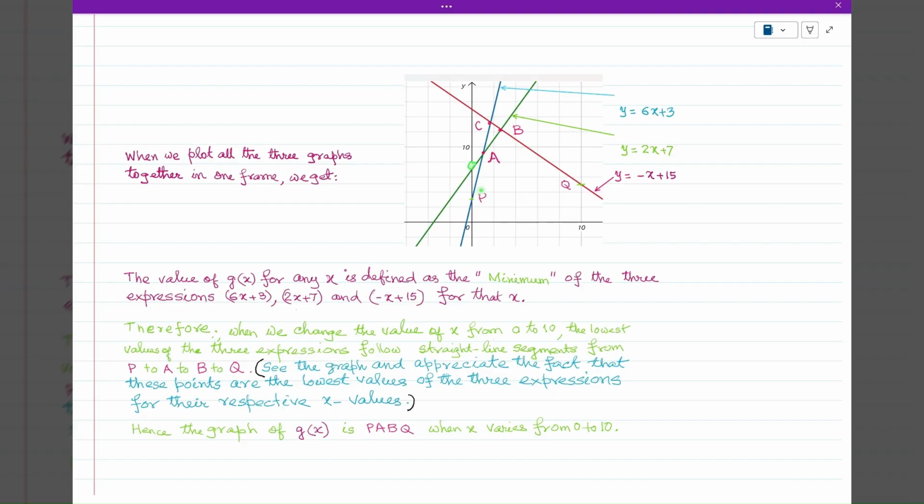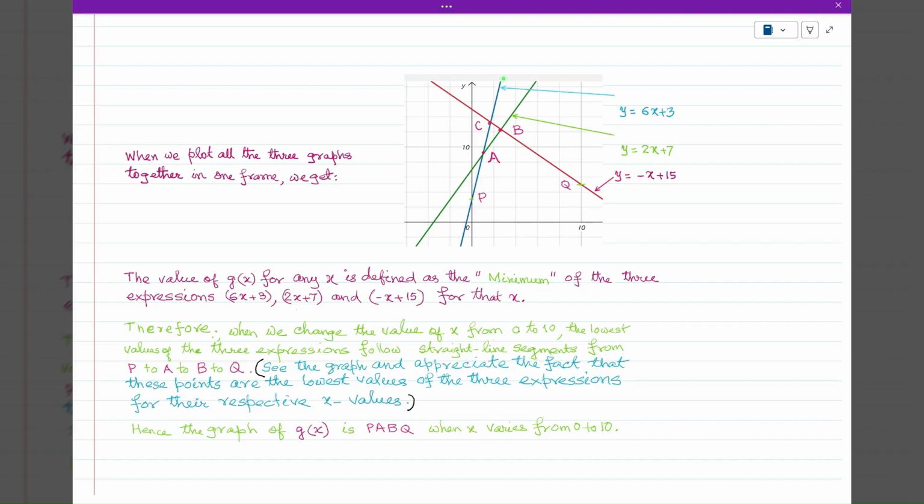Out of these three points, this point is the lowest, which is P. Similarly, for this particular value of x, the lowest point is A, and the next point is also here, but that is higher than A. So, for this value of x, g(x) will be here.